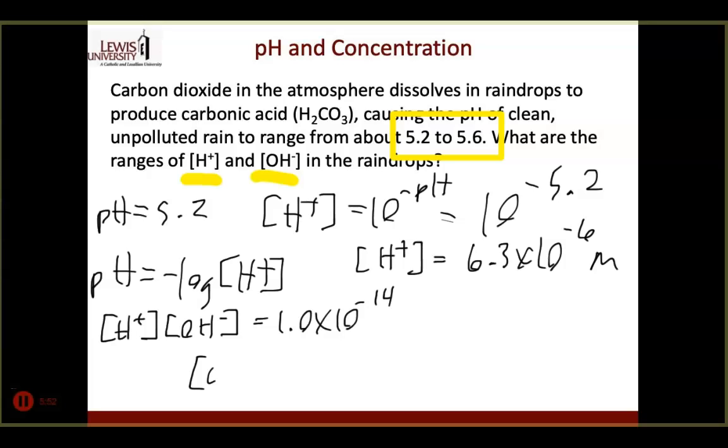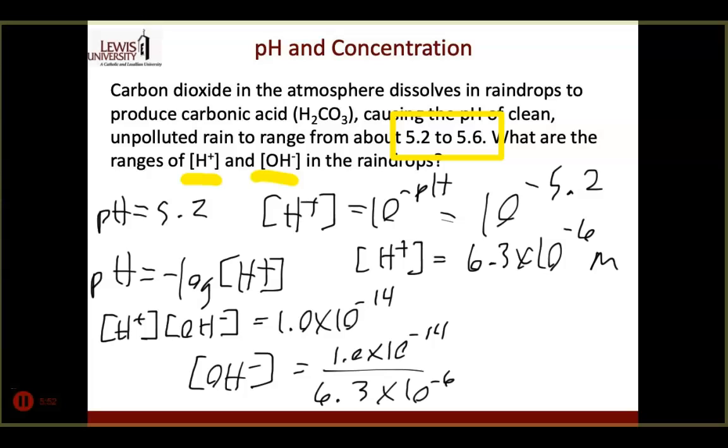So the concentration of OH minus is just equal to 1.0 times 10 to the minus 14th divided by 6.3 times 10 to the minus 6th, and we get a value of 1.6 times 10 to the minus 9th molar. So at pH 5.2, we have 6.3 times 10 to the minus 6 molar H+, and hydroxide concentration 1.6 times 10 to the minus 9th molar.